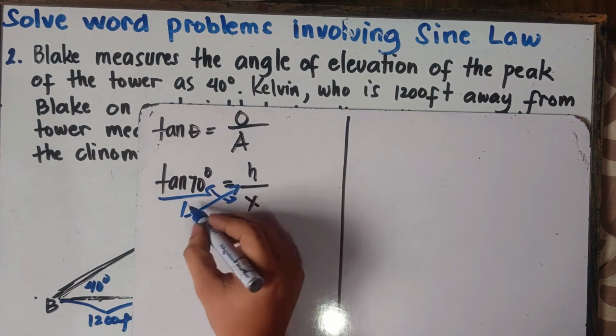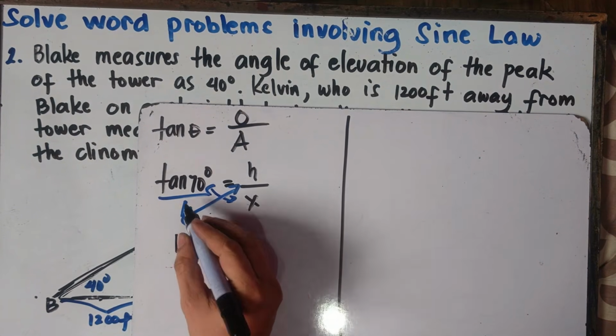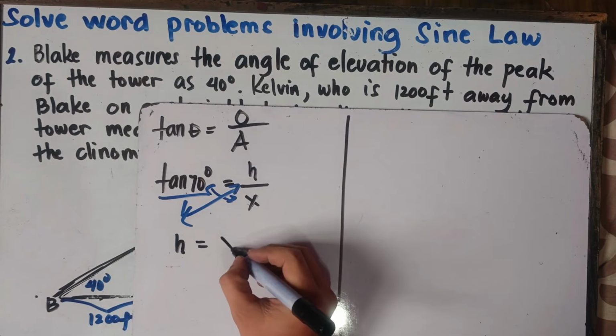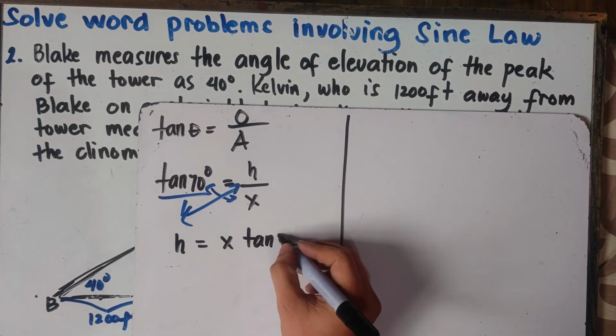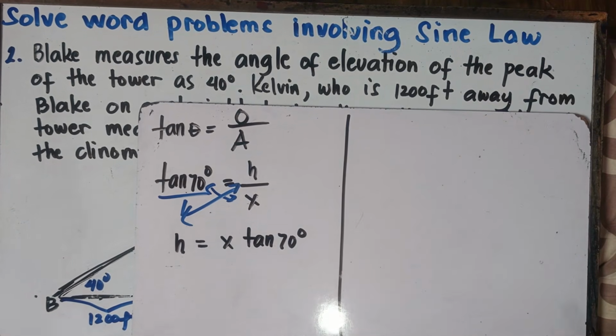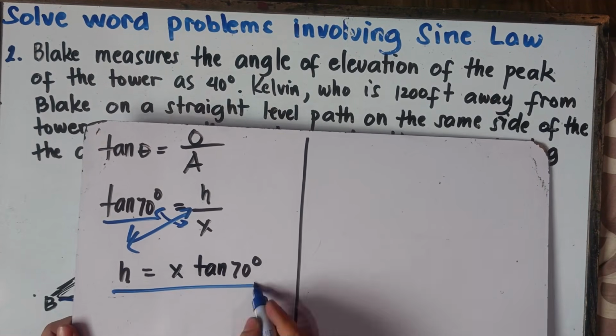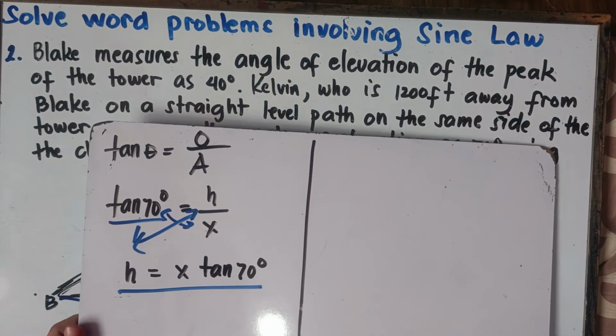Understood that there's 1 here, so h times 1, that would be h, is equal to tangent 70 degrees times x. So that would be our first equation: h equals x tangent 70 degrees.